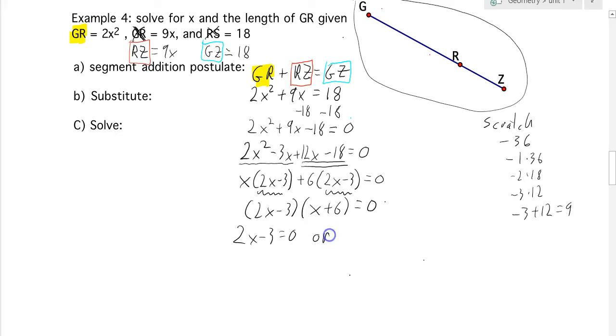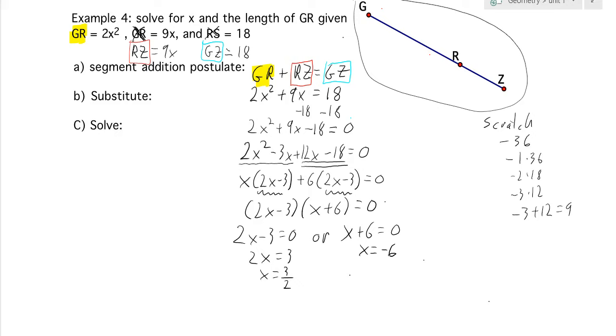If two things multiply together to equal 0, either one of them equals 0 or the other one does. We have two equations to solve. So using the addition property of equality and the division property of equality, and using the subtraction property of equality on the other side, we get two answers for x.